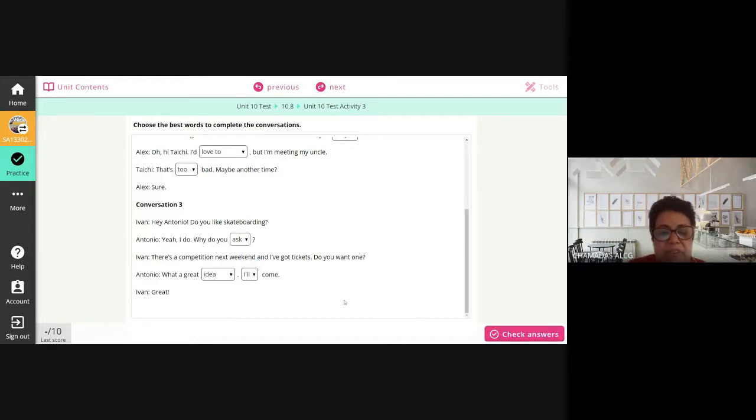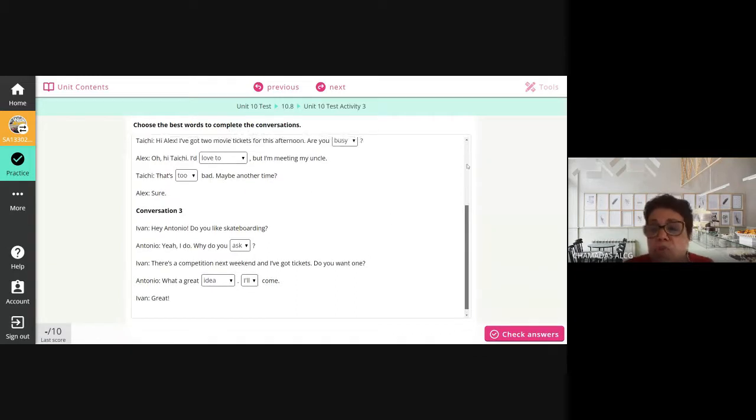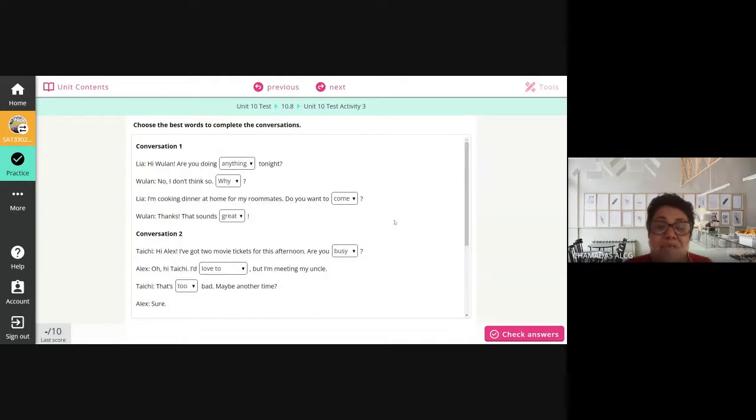Great. So here we have three samples, three different conversations using the expressions to illustrate inviting, accepting, and refusing. If you want, you can take a picture or a screenshot.